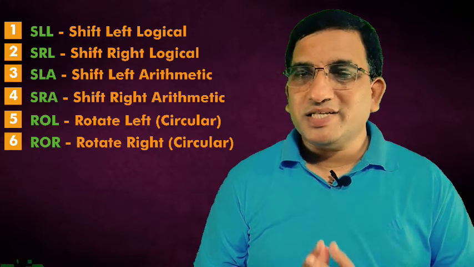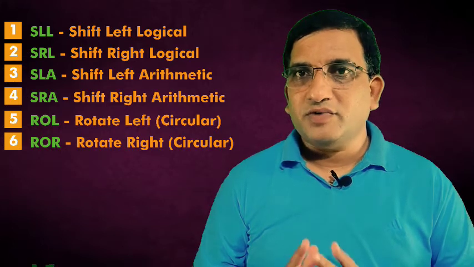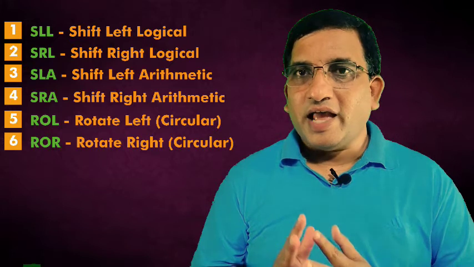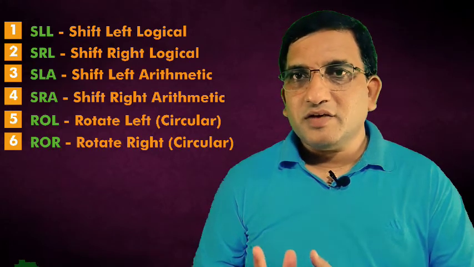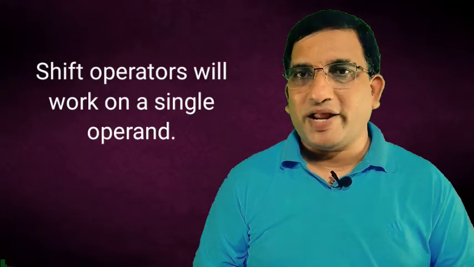So what are the basic differences between all these operators? That we will see. Now here in this case, as these operators are to be used in VHDL statements, how many operands are required along with these operators, that is important. Now these operators will work on a single operand.